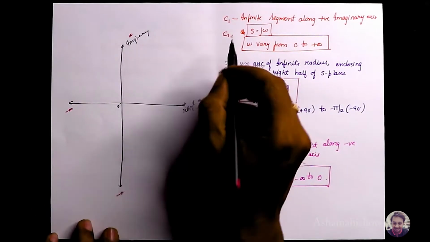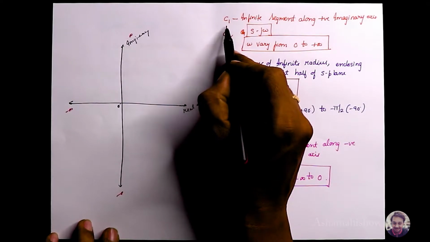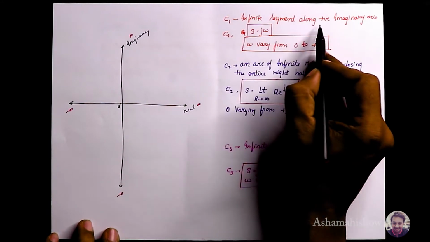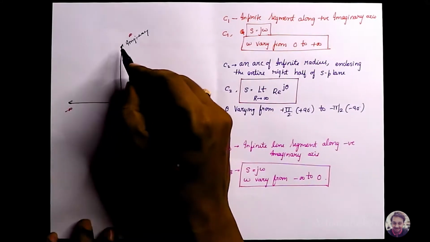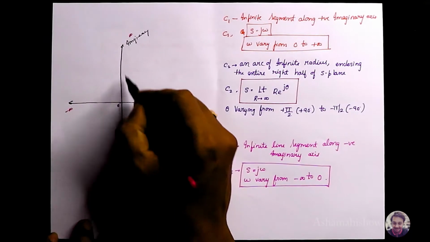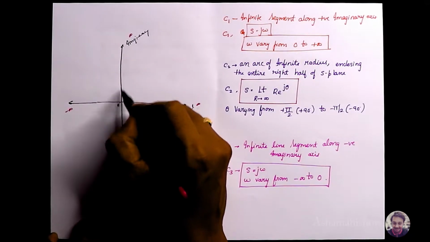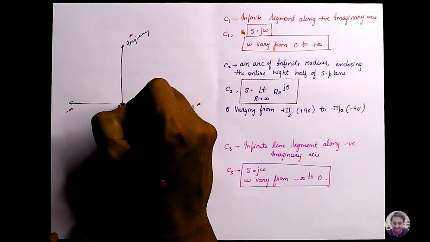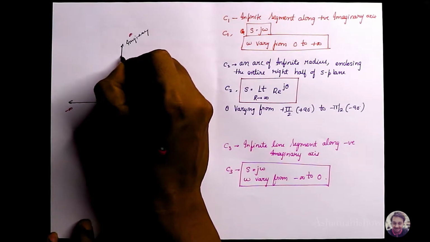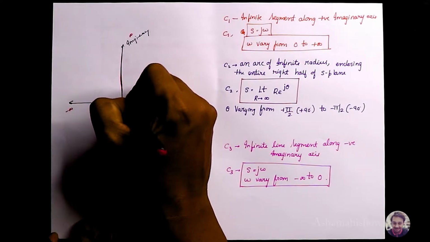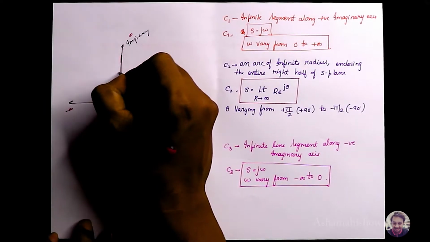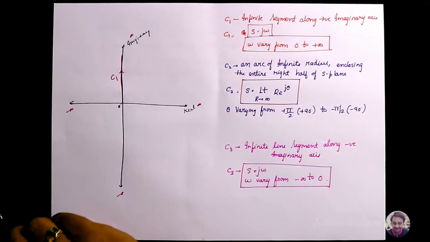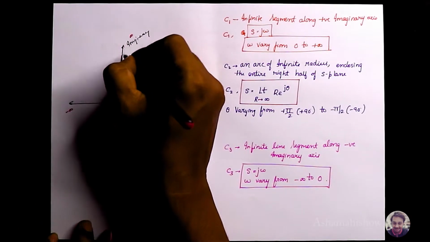So the first one is C1. C1 is the infinite segment along the positive imaginary axis. This was the imaginary axis, and the positive imaginary axis is the above one. So let us draw C1 here. This is the positive imaginary axis, which is C1. We can't touch here because it is infinity.